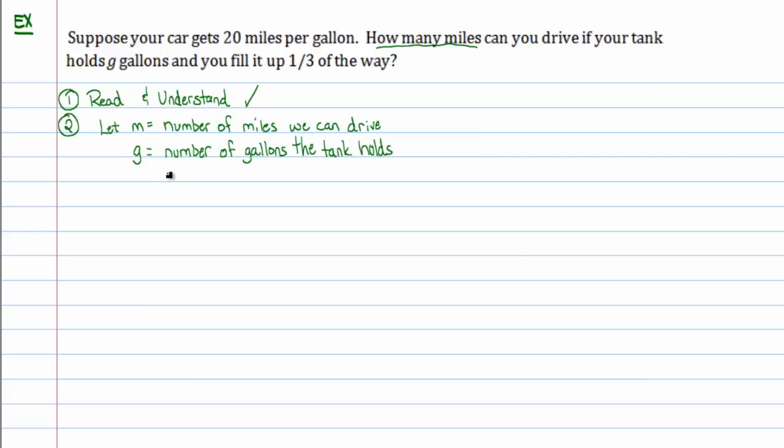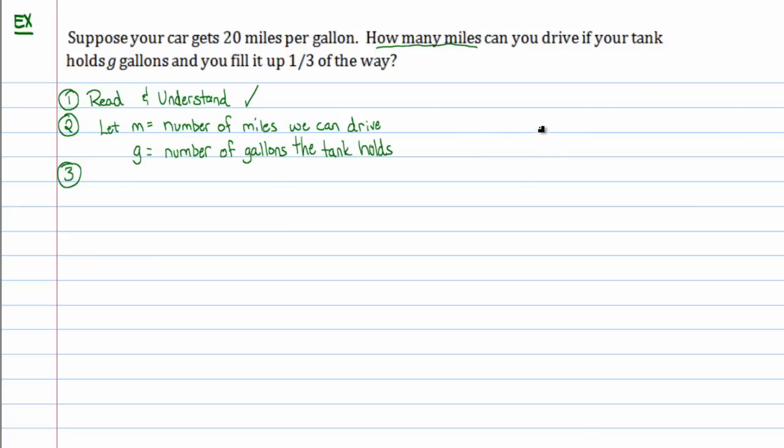Now I don't know if I'm going to use all these letters in my expression, but still it would be good to write them down. Now the third thing we need to do here, after we've read and we've understood what's going on, after we've identified some unknowns, one or two, is to write an algebraic expression involving these unknowns for this situation.